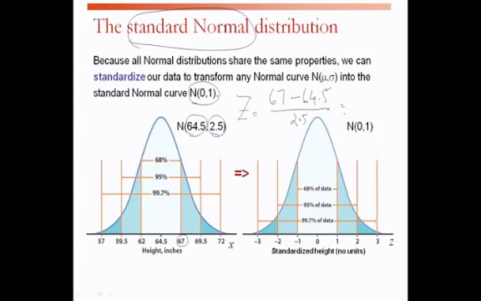So let me ask you this question. Look at this distribution right here. How far is 67 from 64.5 in terms of standard deviations? Exactly 1, right? So if I were to translate that to this, how far should this value translate onto this? This number right here. Exactly 1. You see it? So all these numbers are nothing but how far they are from the mean in terms of standard deviations on this scale.